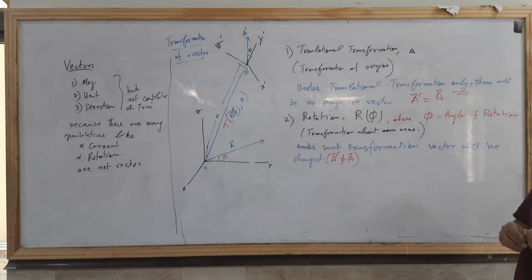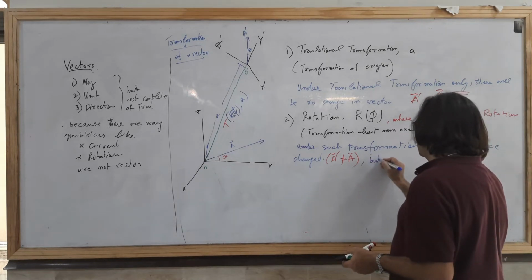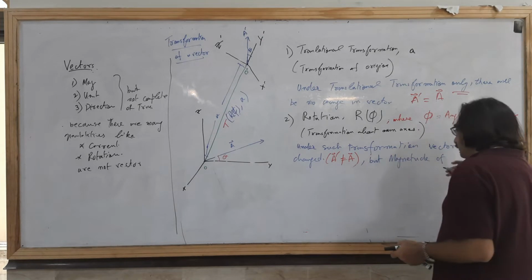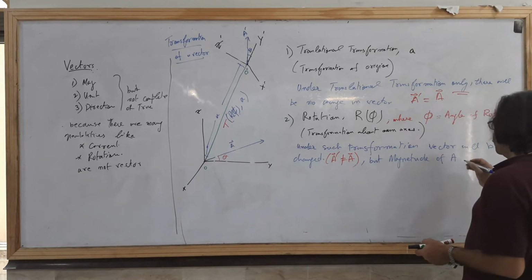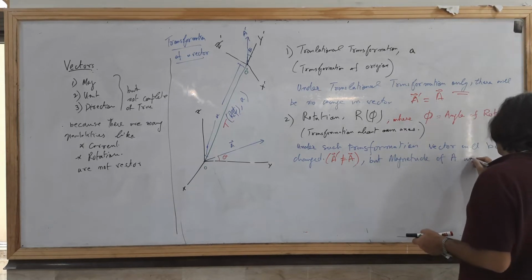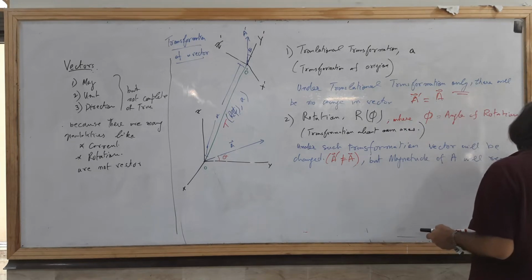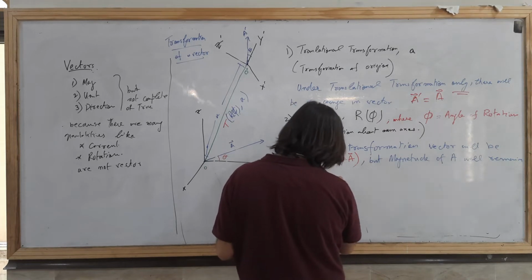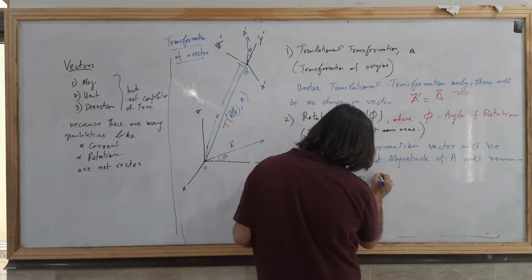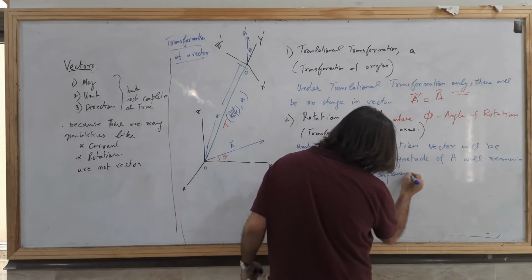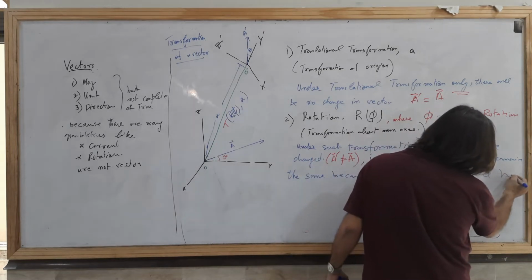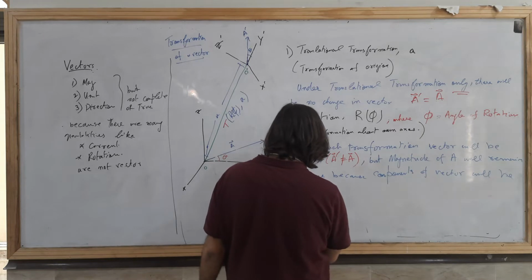But there is some condition. What is that condition? But the magnitude of A will remain the same, because the components of the vector will be transformed.